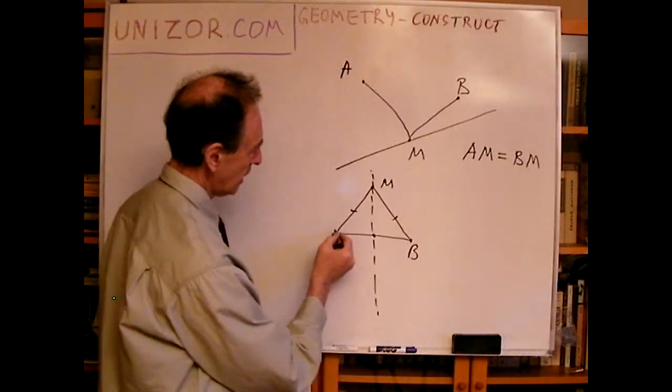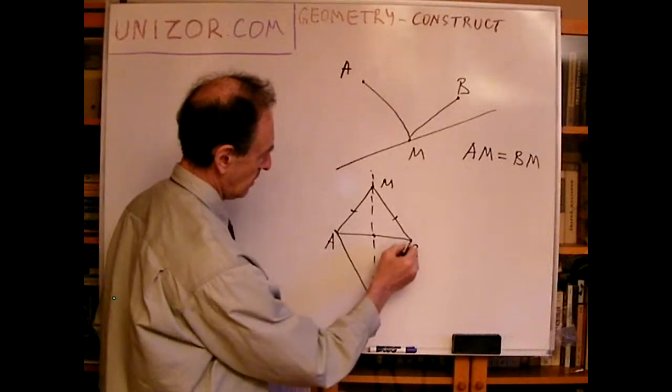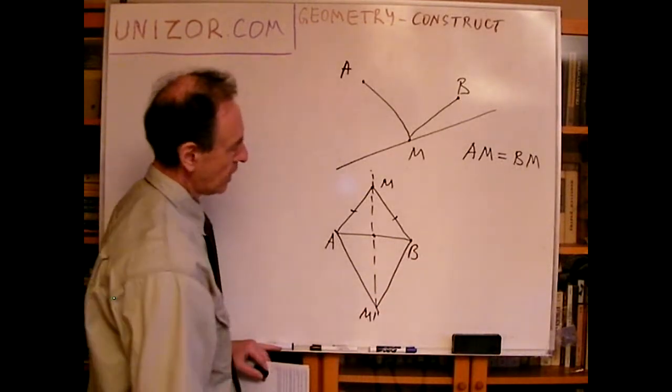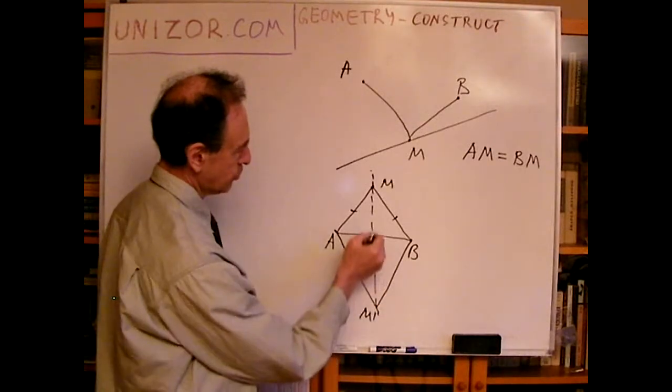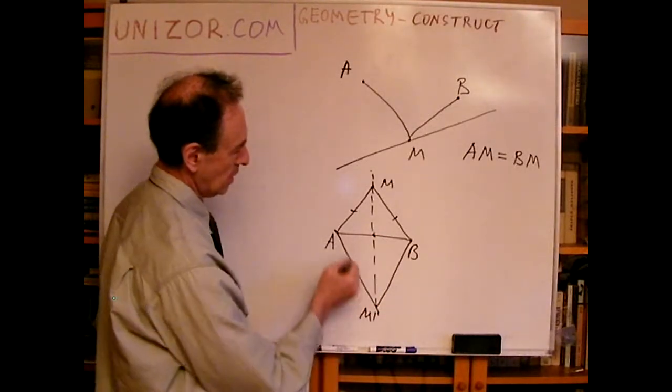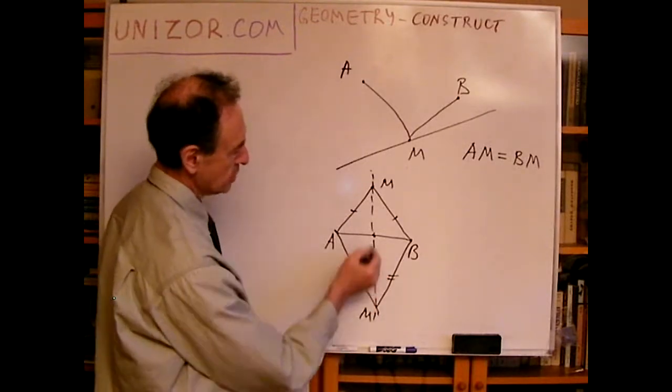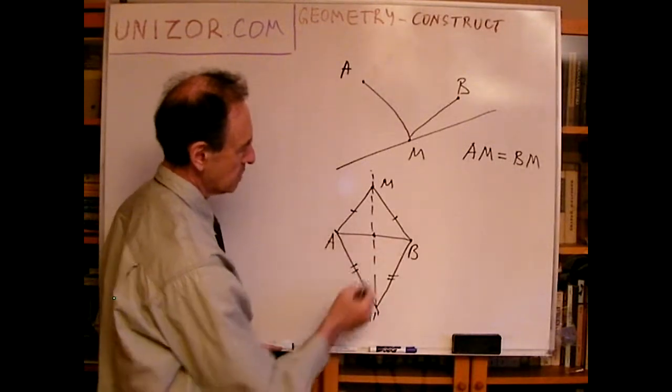If I take any other point M prime and drop a perpendicular to AB, again, because these two sides are equal, the perpendicular will drop in the middle of AB.